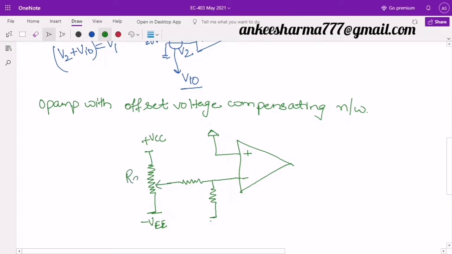This resistance is RA, this let it be RB, and this be RC, right? This voltage will be V2, this voltage will be V1, and the output will be available here. And our target over here is to obtain this output equal to 0 volts.